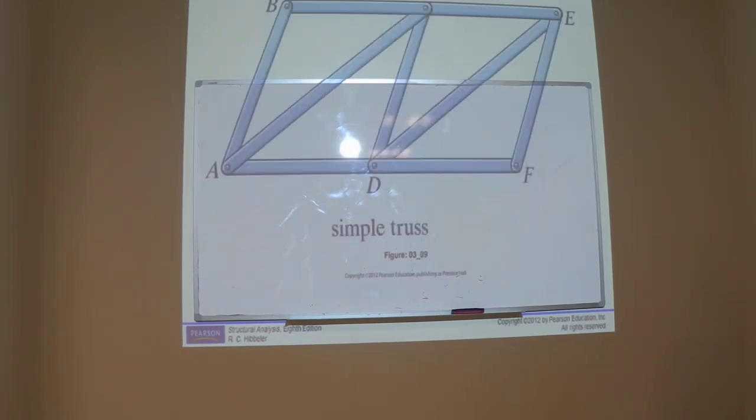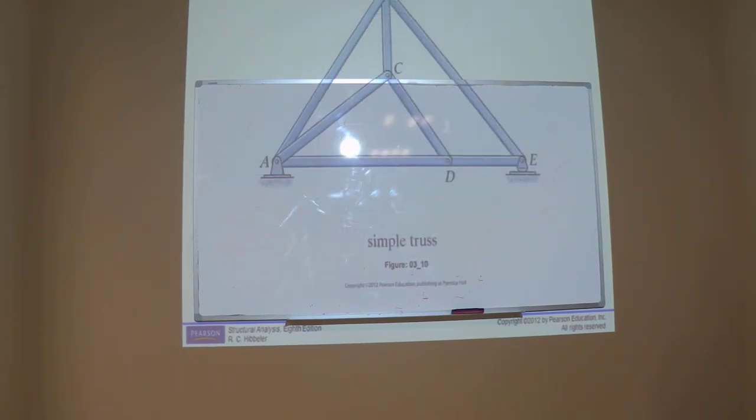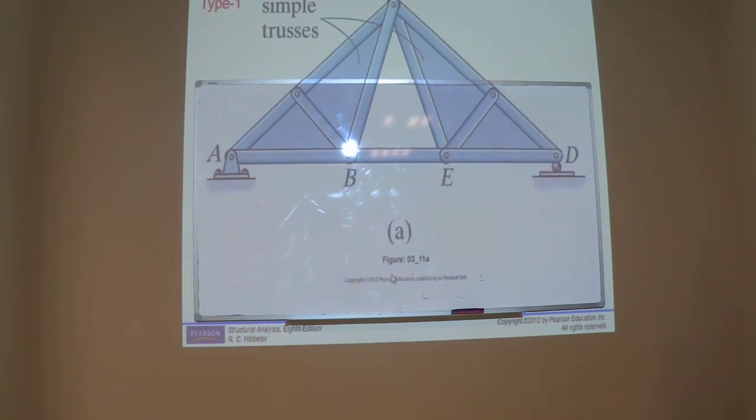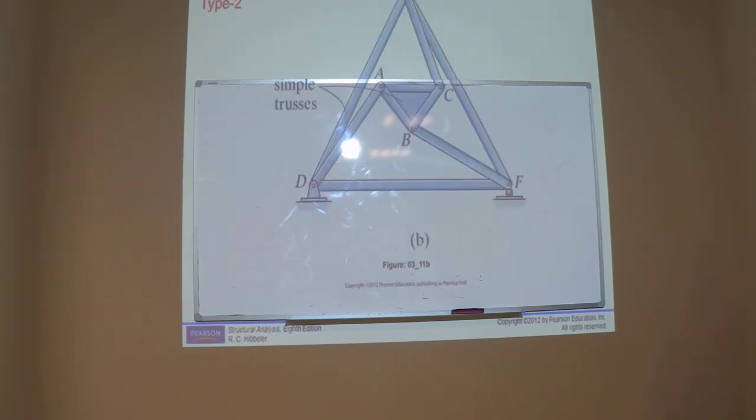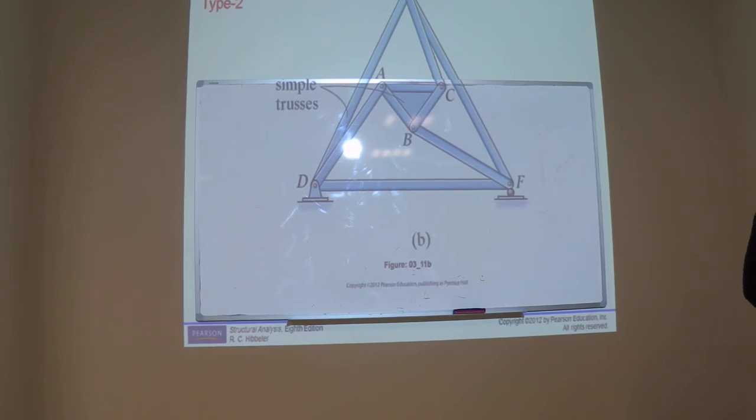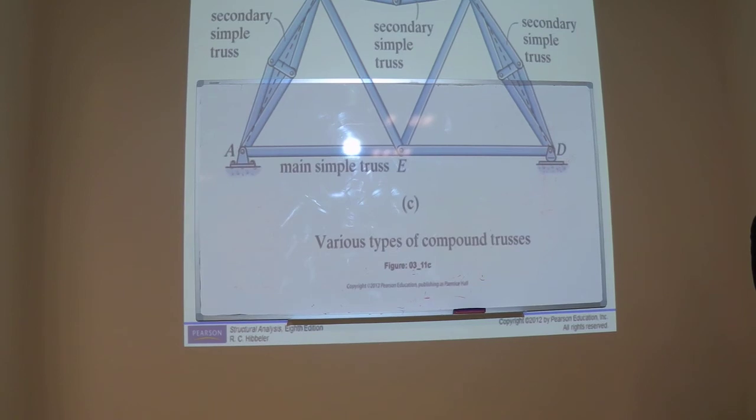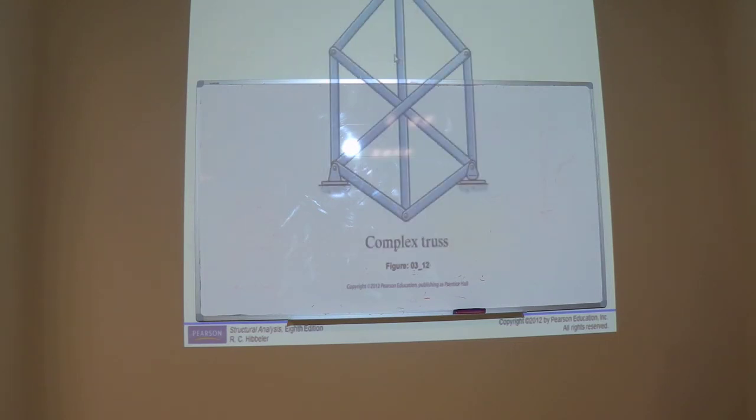A truss inside a truss is known as a compound truss. For example, like this: there are three simple trusses joined together to make a compound truss. This is a complex truss.